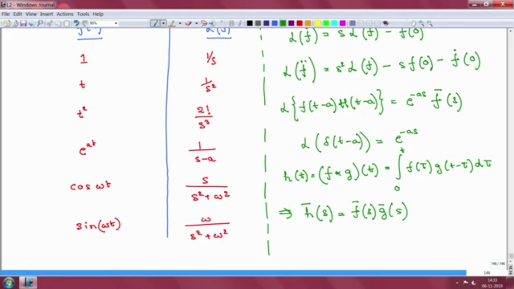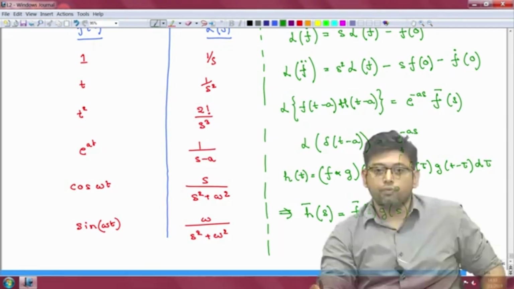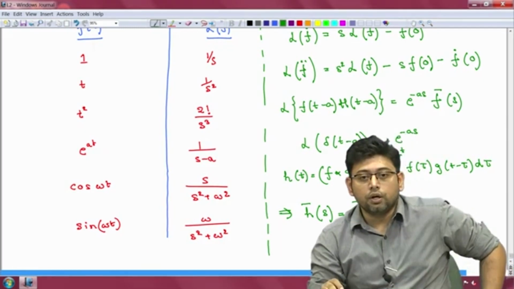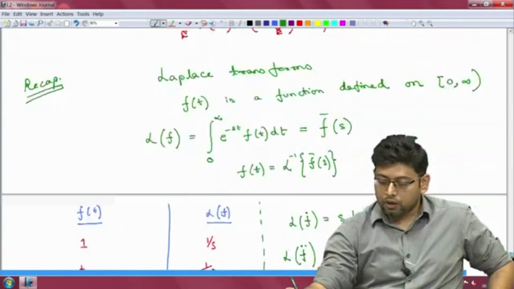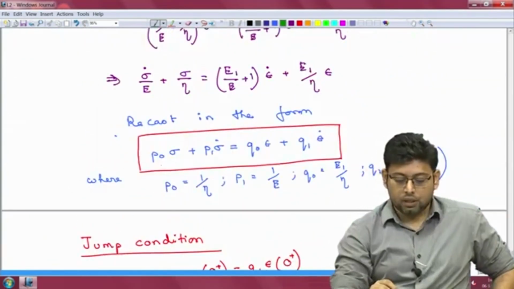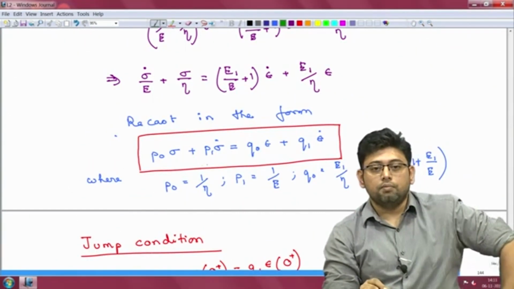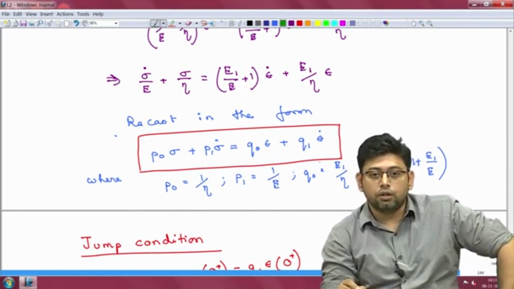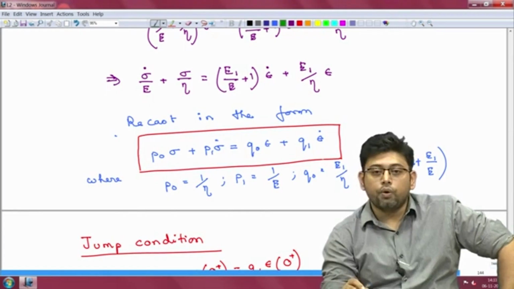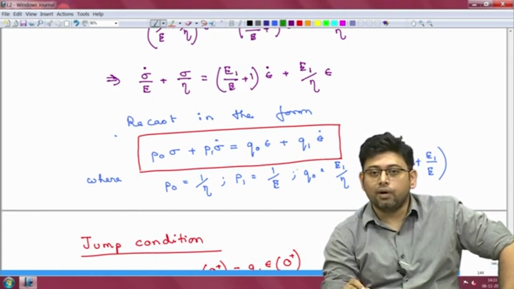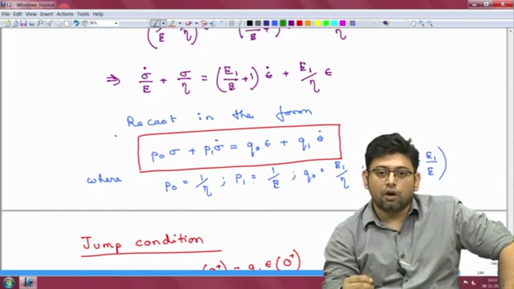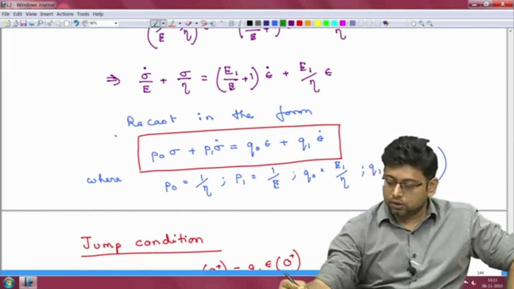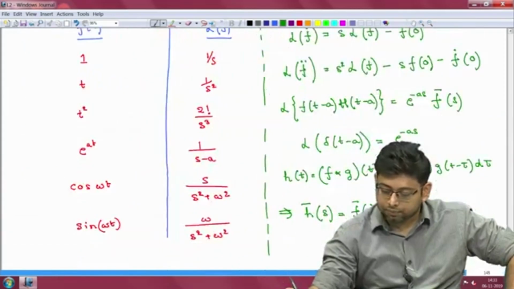So now with this quick recap, we are ready to solve the particular ODE that we wanted to. What is that ODE in question? It was this: P0 sigma plus P1 sigma dot equals Q0 epsilon plus Q1 epsilon dot. We want to solve this, and at the beginning we will not care what P0, P1 and so on are. Once we solve this, we will insert these values to get our result.